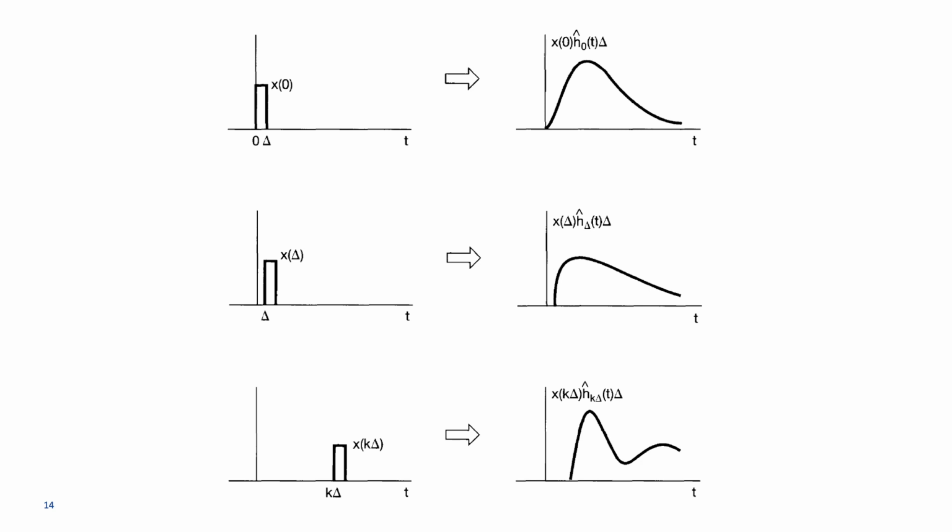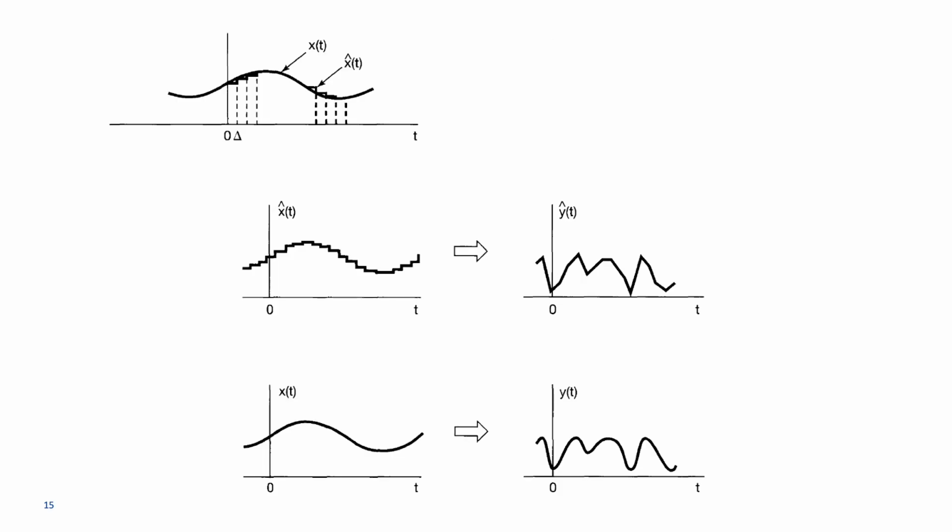Let's see that in another figure. So here, again, on the top, we see a representation of the original signal, x of t, and the approximation, x hat of t, which is a staircase. It's a combination of impulses.